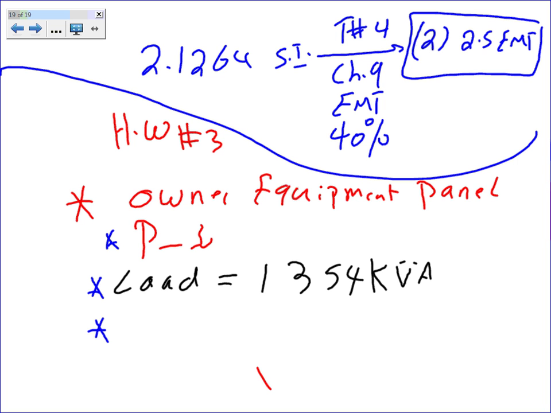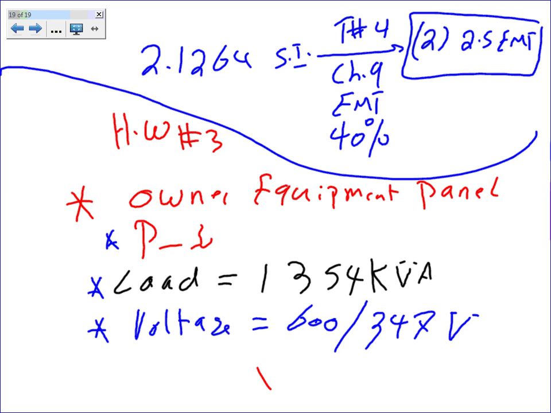And I need the voltage. Voltage equals 600. We're going to go Canadian. 600 divided by 1.73 equals 347, so 600/347 volt. We're going Canadian.